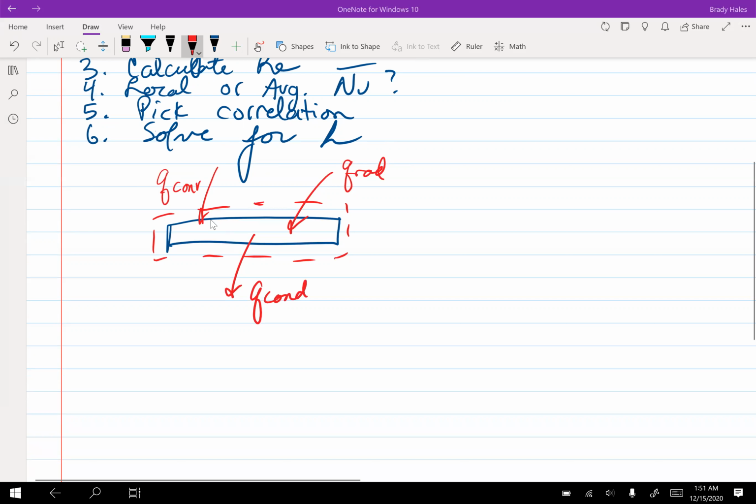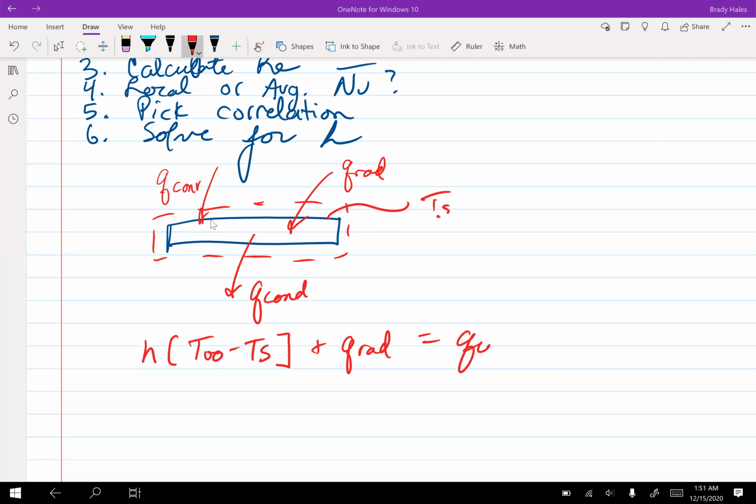And so draw out an energy balance where you have h (T infinity minus Ts) plus Q radiation is equal to Q conduction.